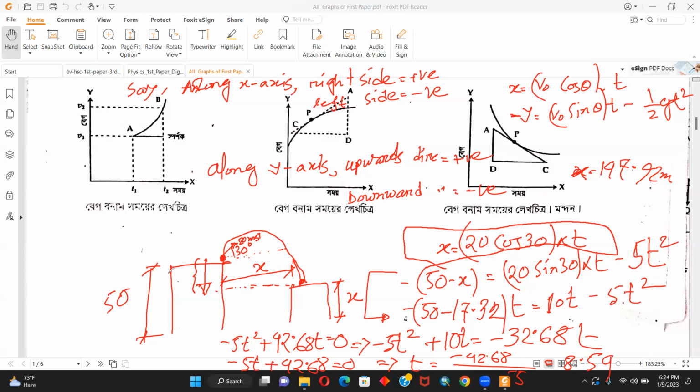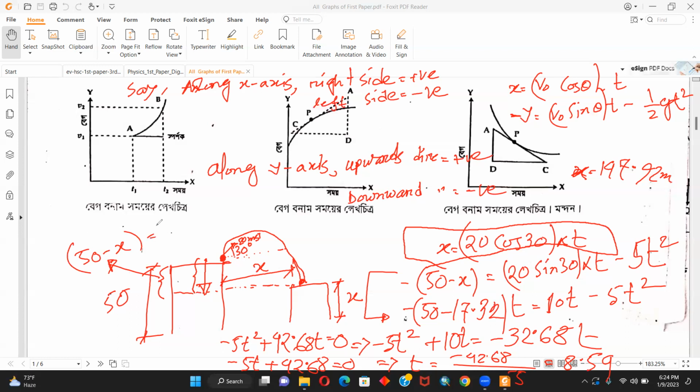See, this is a distance which we have called as 50 minus x, right? Now, this is a particular height above the ground. So, can it be negative? No, it cannot be negative.